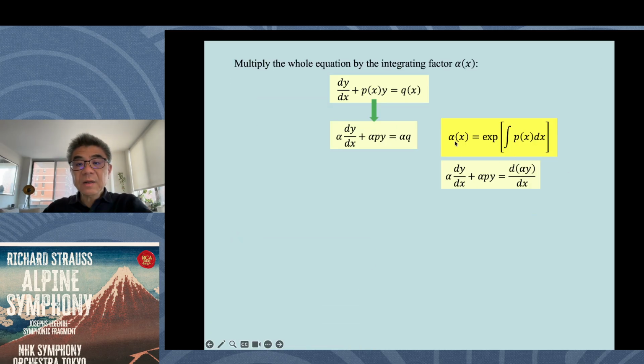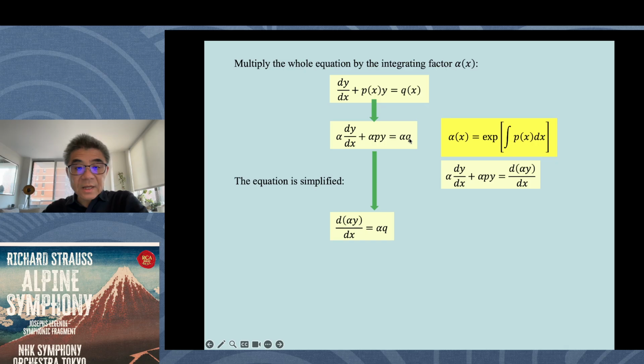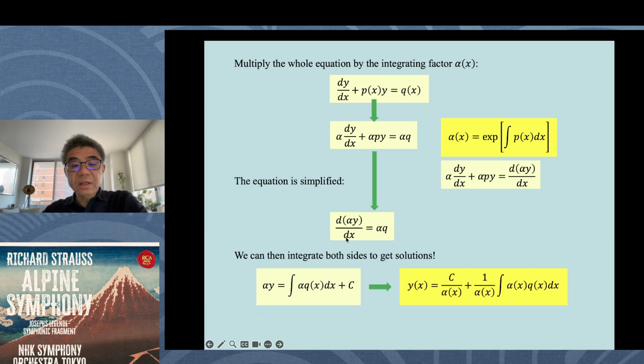With the integrating factor solved, we can just apply it to the equation we are going to solve. This is the equation we are going to solve, and we multiply both sides with the integrating factor. The right-hand side becomes alpha q. And then the left-hand side is equal to the derivative of alpha y. That's the condition. And it's equal to alpha times q. Then we can integrate both sides, and again add the constant c to our result.